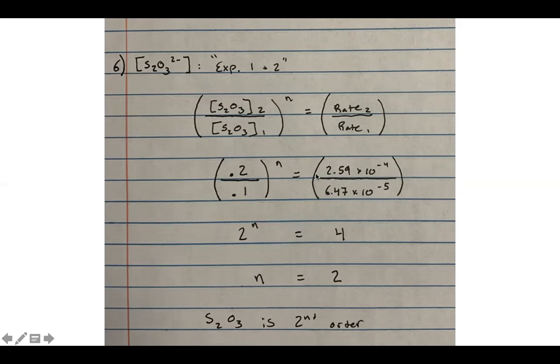When you do this division out, you find that 2^n equals 4, basically saying that as the concentration of S2O3 doubles, the rate quadruples. And so you can use your log rules or just plug in numbers for n and find that n is 2, meaning S2O3 as a reactant is second order.